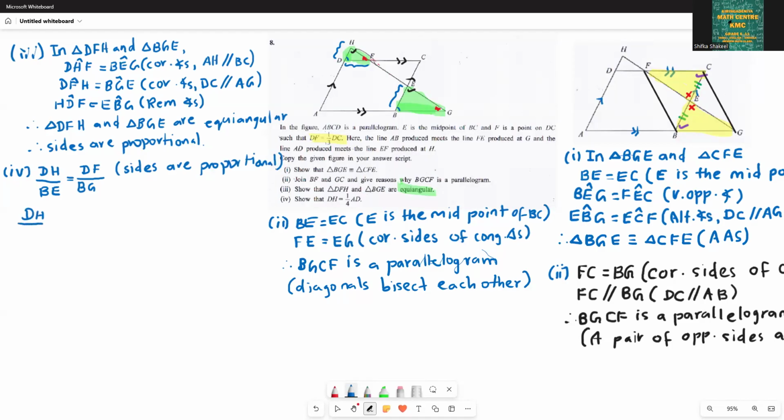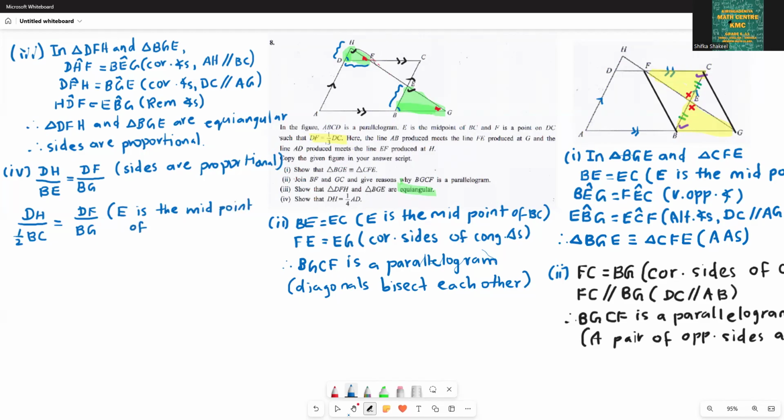Instead of BE, we can write half of BC, because E is the midpoint of BC.